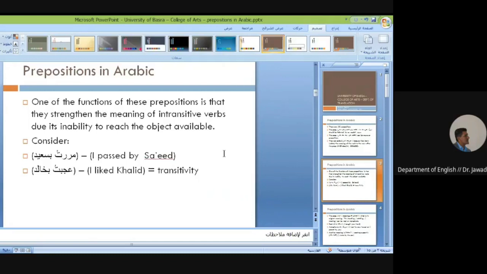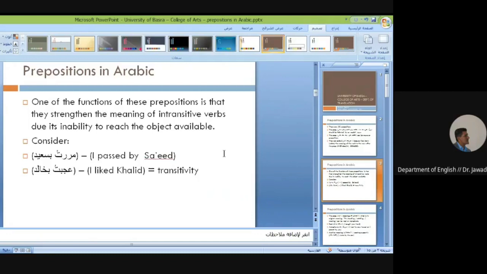So we can say in English, I passed by Said. عجبت بخالد. Instead of عجبت خالدا, we say عجبت بخالد. I liked Khalid.